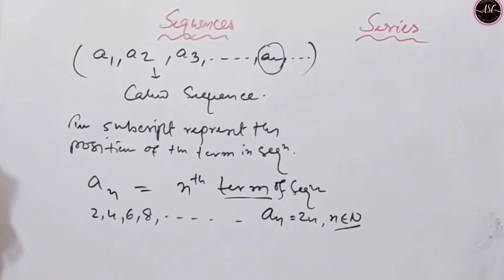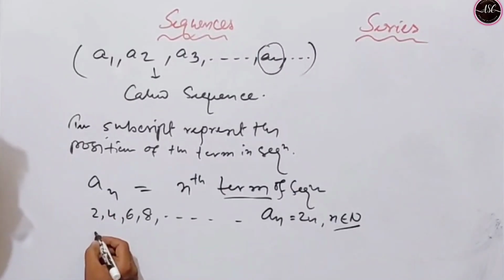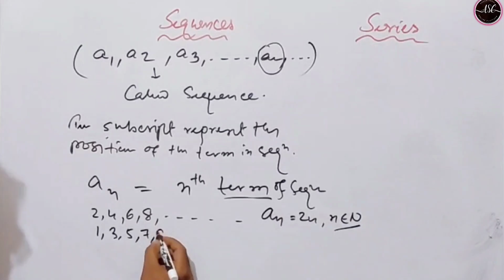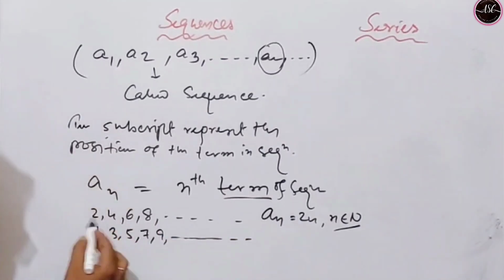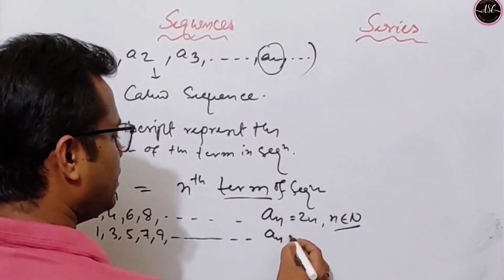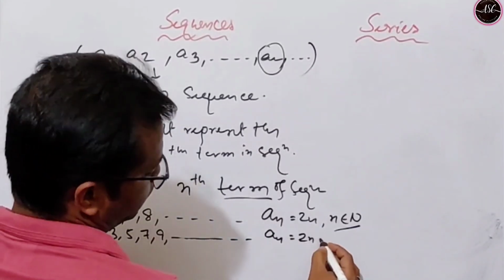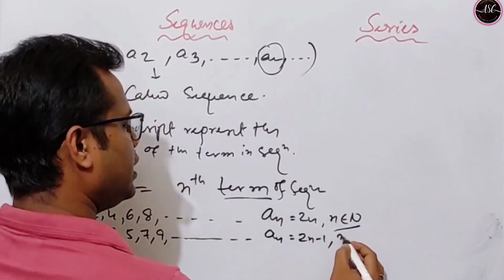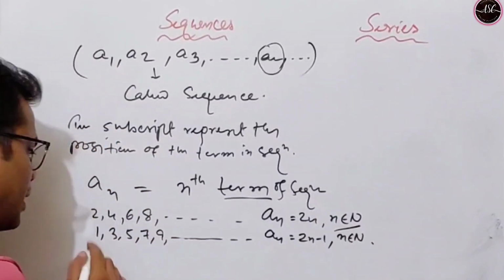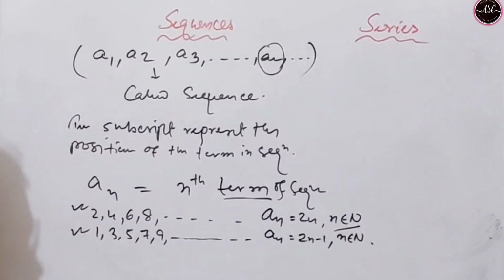And if we write 1, 3, 5, 7, 9, dot dot dot, this is the sequence of odd natural numbers, and the nth term is represented by 2n minus 1 when n belongs to N. Here we have seen a particular pattern in these two.